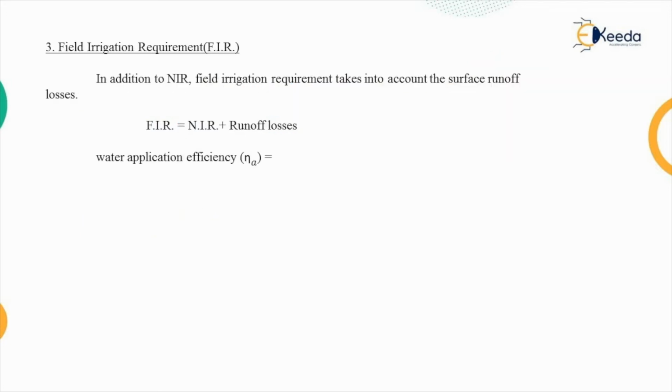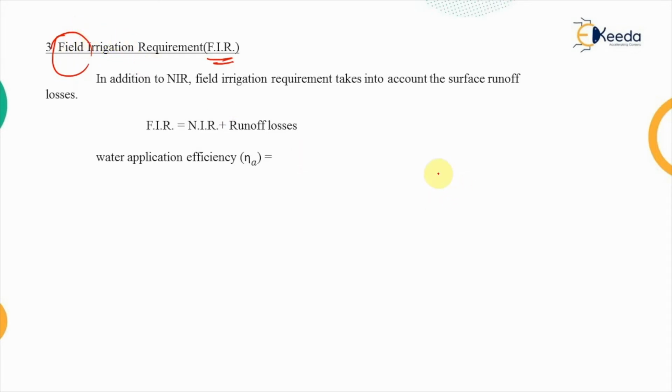Moving on to the next one, the third irrigation requirement is known as the field irrigation requirement, which in short is known as the FIR. Now it is clear from the name itself that this is the amount of water which is actually required on the field.